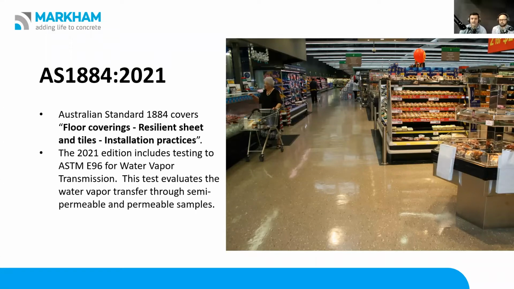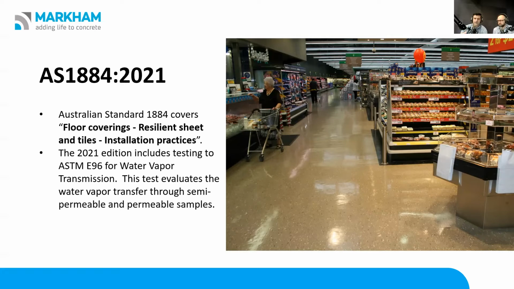These updates are important for the industry to make sure everyone's on board with the best practices out there and the best ways of doing things. As you'd be aware, the standard covers pretty much everything to do with floor laying. So not only the type of products you're using, right through to moisture barriers, glues, etc. Also installation practices and things like that. So it's a pretty comprehensive guide.